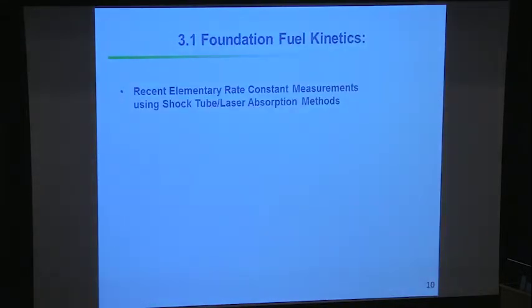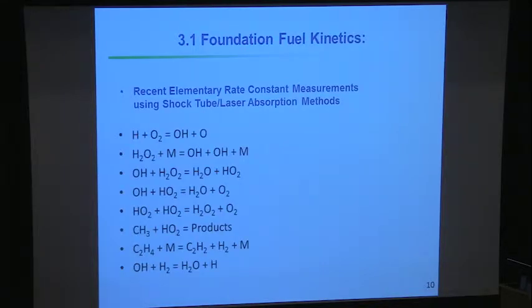All right, so we want to talk about elementary reaction rates. Here are some of the reactions that, if you do a sensitivity analysis and a calculation for some combustion problems, you'll find appear often. So these are the reactions that we really want to nail down really well.